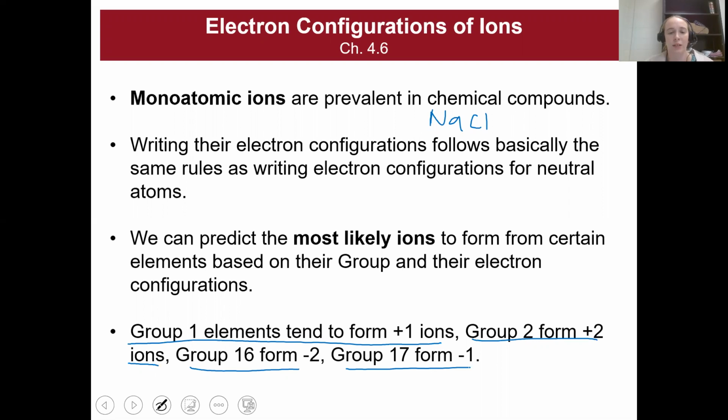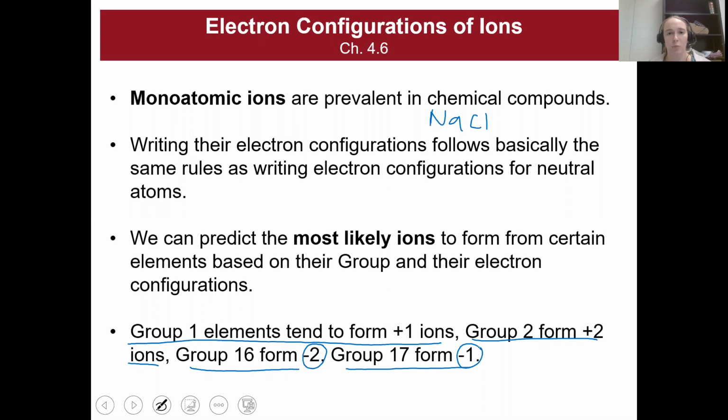So that is because we have 18 groups on our periodic table. So group 18 is our noble gas, and group 16 is 2 away from the noble gas, so it's a -2. And group 17 is 1 away from the noble gas, so it's a -1.